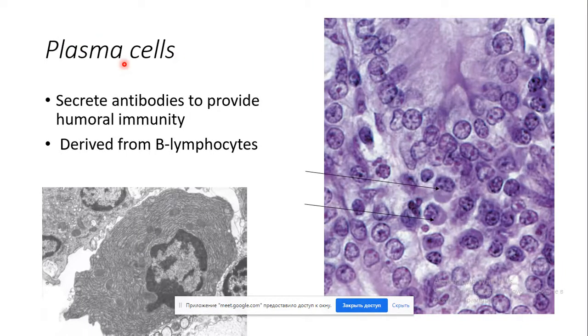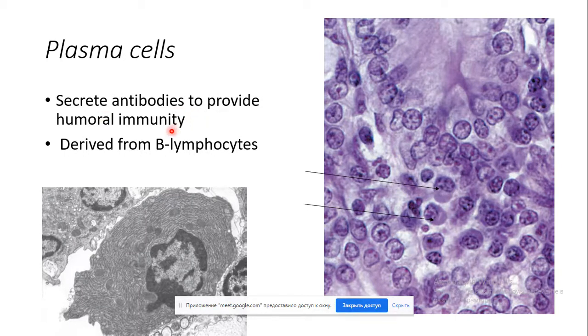Plasma cells. We will discuss them in blood formation. B lymphocytes, when they get activated, start to secrete antibodies, and they provide humoral immunity. Humoral immunity is immunity made by antibodies.